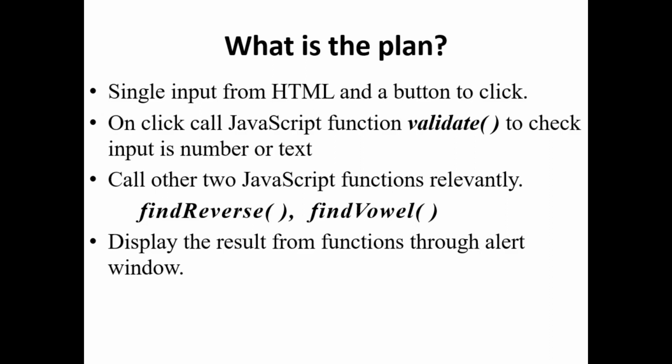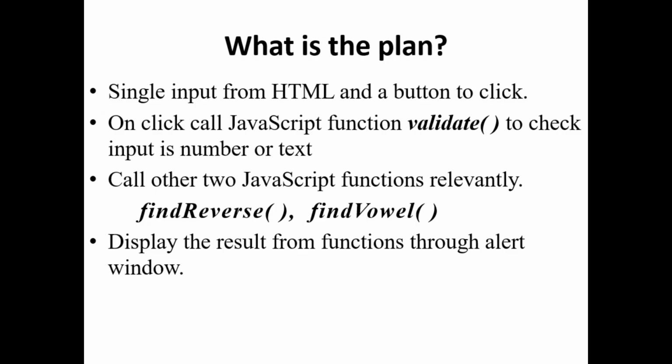On clicking that button, we'll call a JavaScript function, validate, where we read the input text given by the user and find out whether it is a string or a number. Based on the answer, if it is a string, then we will call the find vowel function and pass that string to the find vowel function.